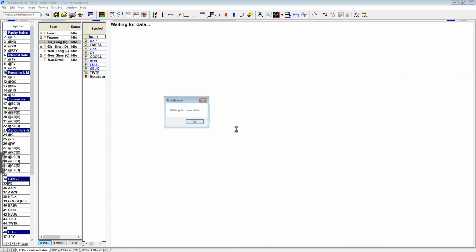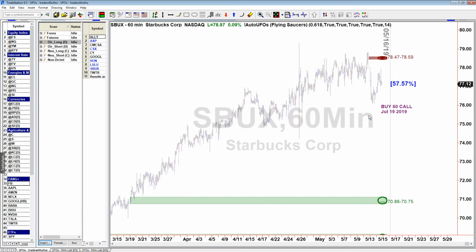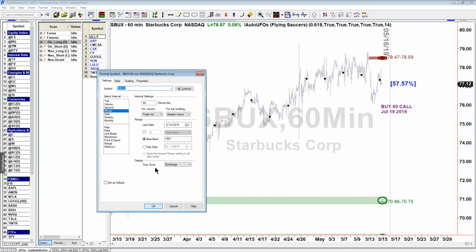And the moment you click OK, this is how the market looks, okay? Let's say you had a UFO and you plan a trade. So now you can go ahead and say, okay, let's go back to 5/15 and see what happens. Or let's go back to 5/16 and see what happens.